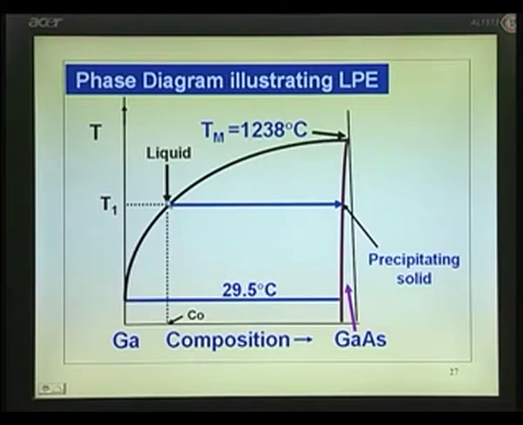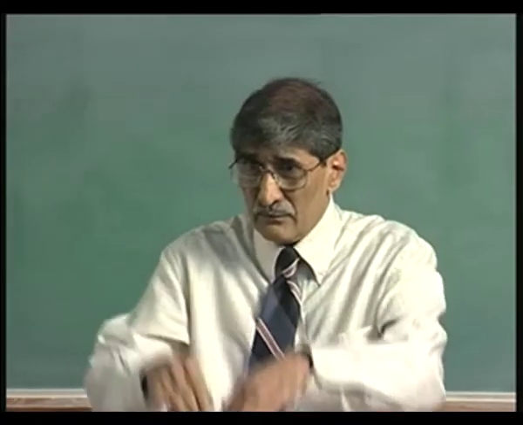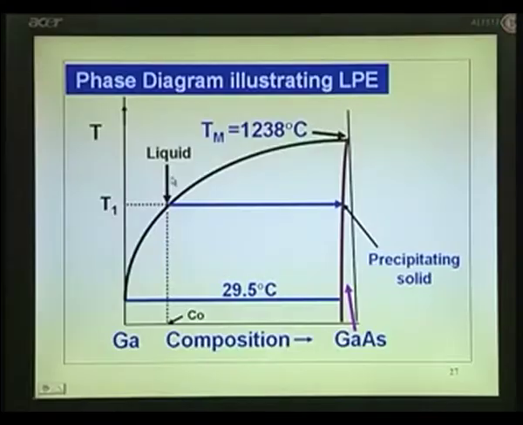So, somewhere 600 or 700 degrees centigrade if you grow, have the liquid of this composition, that is gallium which is saturated with arsenic. When you come down to this particular temperature, it will have that composition. Okay. Even if you have a liquid with a lot of arsenic, when you come down in temperature to this particular point with a particular gallium, that will be the composition C naught.